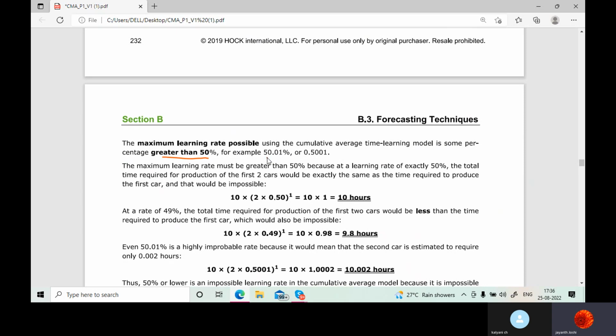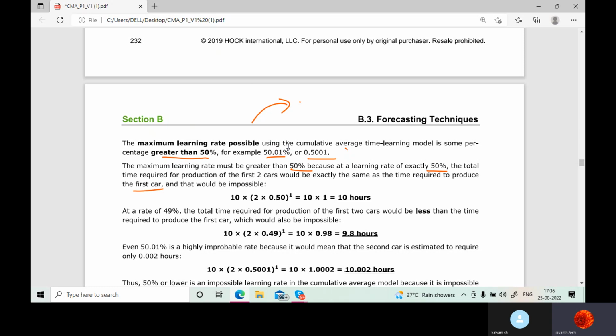The maximum learning rate must be greater than 50%, because at a learning rate of exactly 50%, the total time required for production of the first 2 cars would be exactly the same as the total time required to produce the first car. So that's what they're saying. If the learning rate is greater, you'll take less time, correct? If less, then it will be a different case.